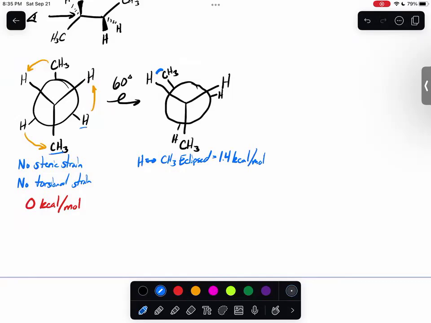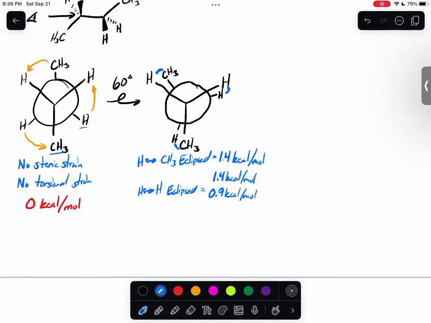We have the hydrogen CH3 overlap here. So that's going to be an additional 1.4 kcals per mole. The next thing is we have these two hydrogens overlapping. So if you look at the hydrogen-hydrogen eclipsed interaction, that's going to come out to a value of 0.9 kilocalories per mole.